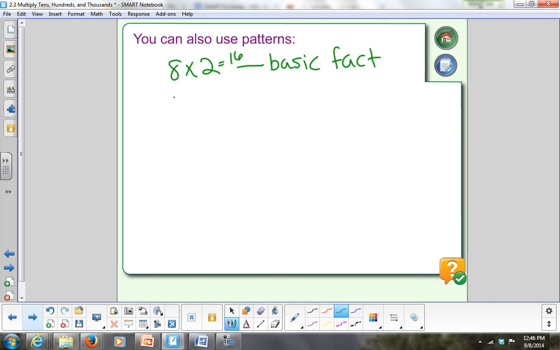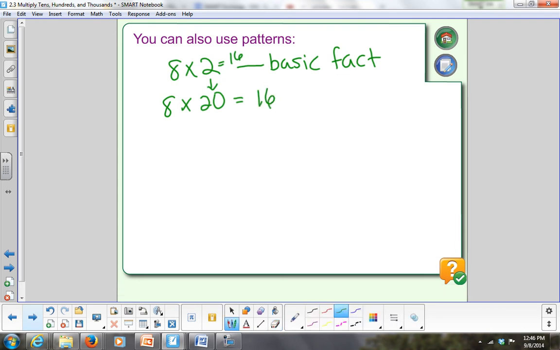Now, if I wanted to find out what it would be to do 8 times 20, right? So what am I adding here? What's different between here to here? Okay, all I did was add a 0. Okay, so if my basic fact pretty much stays the same, all I'm going to do is add 1 zero.